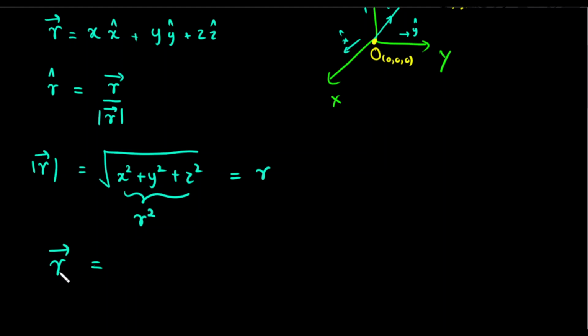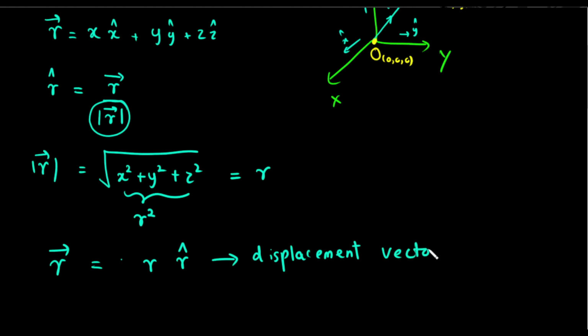The magnitude of this R vector is equal to R. So right now you have this relationship between the R vector and the R hat. This is called the displacement vector, and previously, with the x, y, z in the R, we called it the position vector.